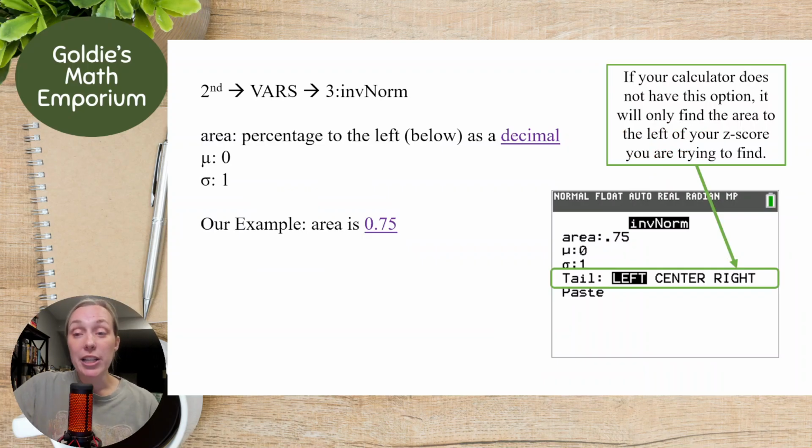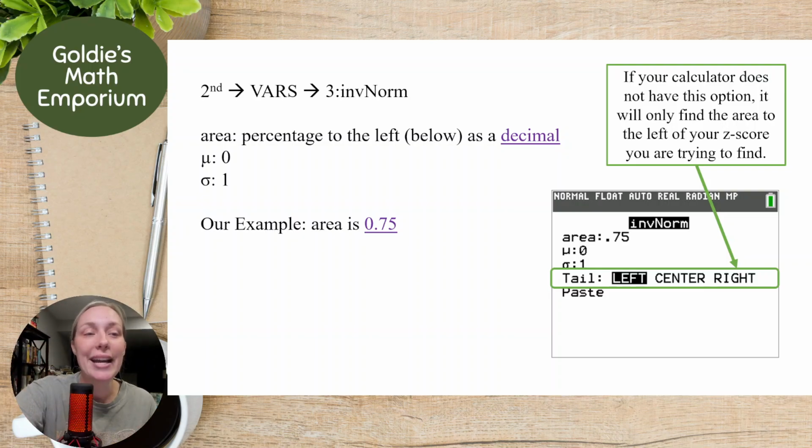What it looks like when you click on it depends on what calculator you're working with. Most of the newer calculators have a screen like you see on my slides here. Some of the older calculators are not going to have this tail option, which is fine. What you have to put in here are 3 things.